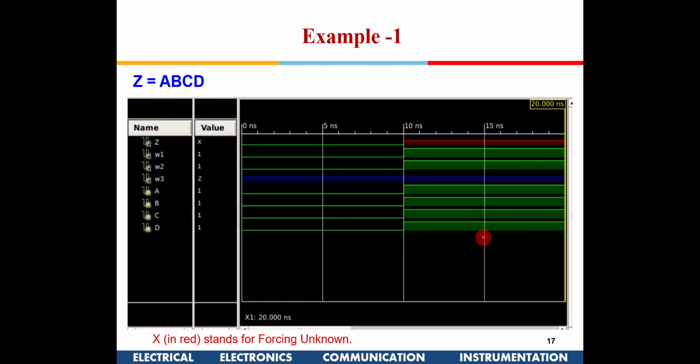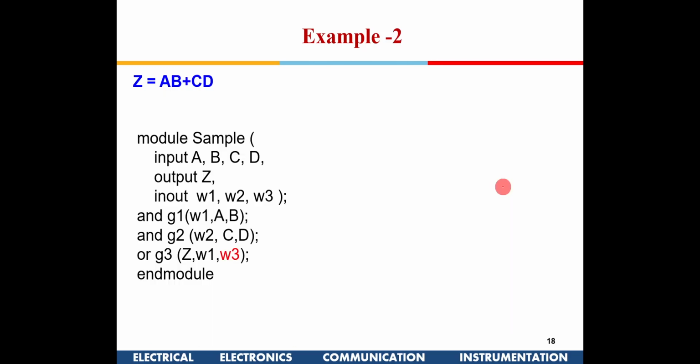If you are giving some test vectors and getting some output like this, you go back and analyze. Otherwise, all these tools will take these also as inputs, and these are also available as output.